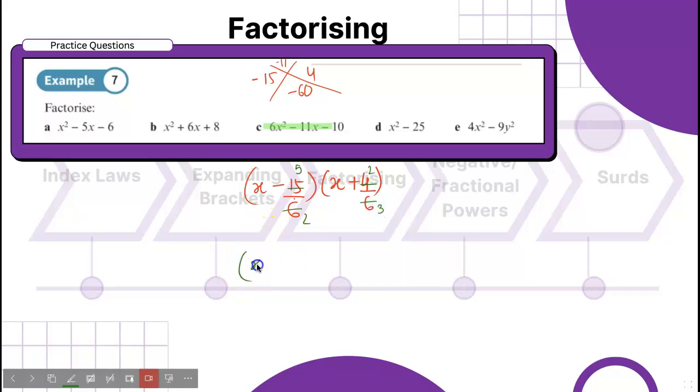So you will be getting x minus 5 over 2 and x plus 2 over 3. What next step? Just take these numbers, the denominators, and multiply with x. It would be 2x minus 5 and 3x plus 2. That is your answer.